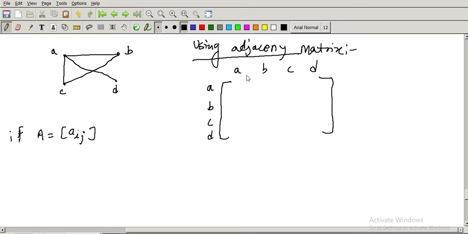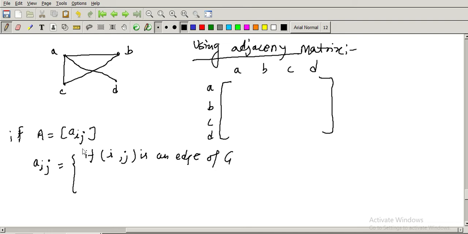So A[i][j] is 1 when there is an edge between i and j in G, where G is the graph, and 0 otherwise.